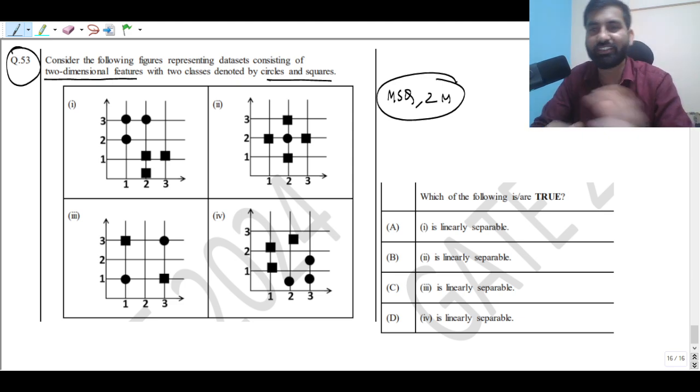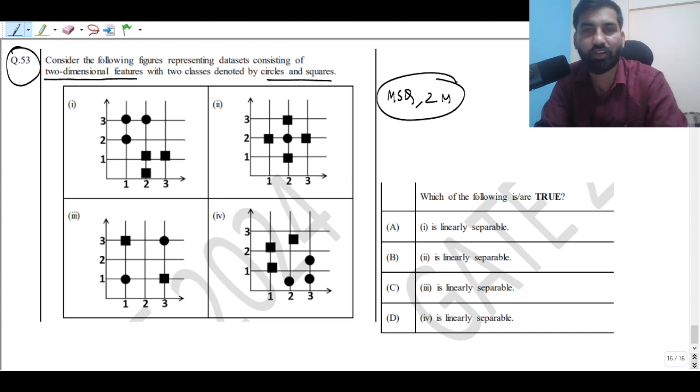For example, if you have a data set with two features, you can simply draw a straight line that perfectly separates the data points of one class from the other class, and that data set will be called a linearly separable data set.